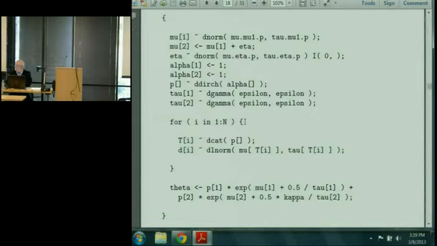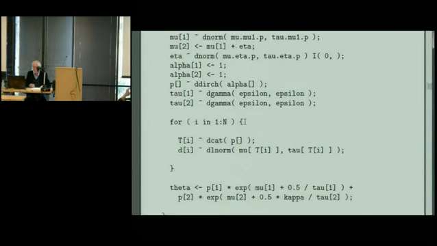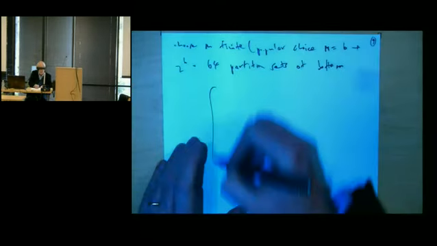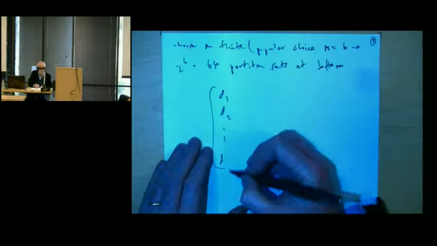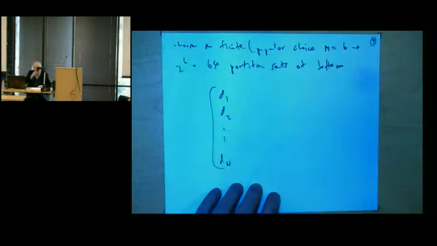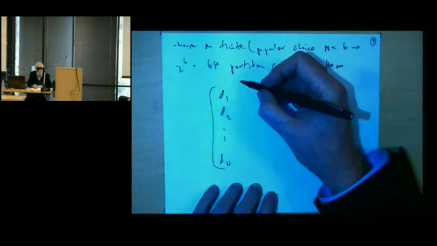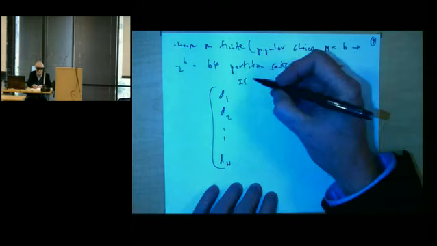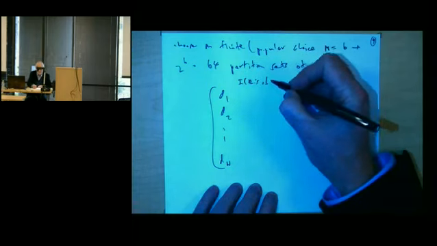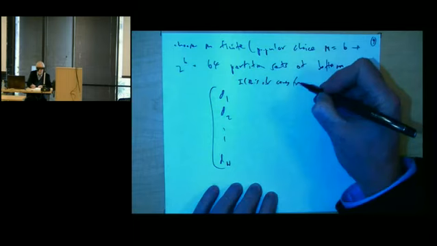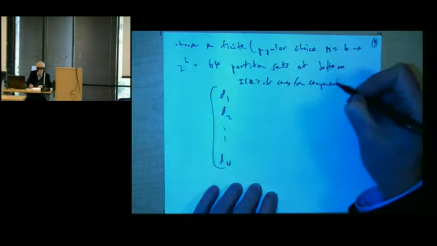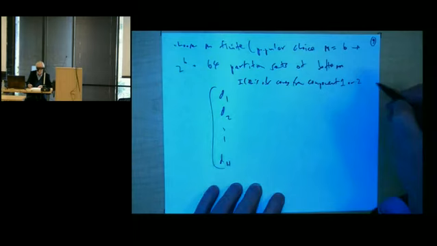And so that means that if we visualize the data set, which here consists of D1, D2, and so on down to D10,000, D capital N, let's keep track of an indicator variable for whether this observation comes from mixture component 1 or 2.